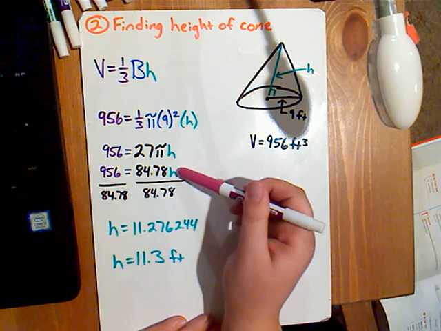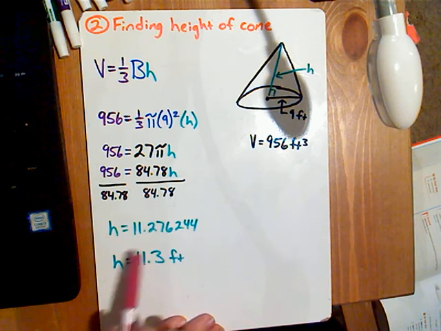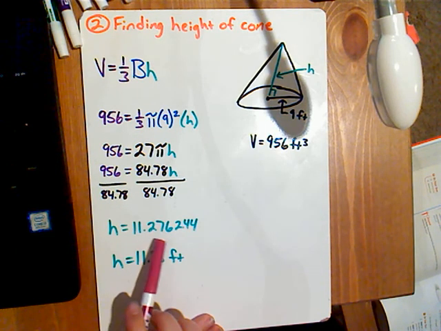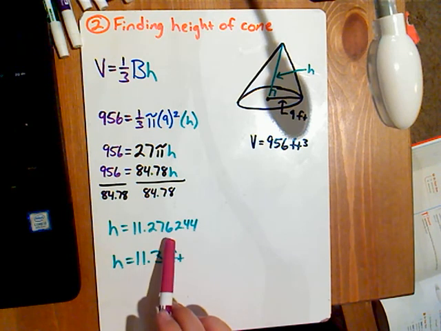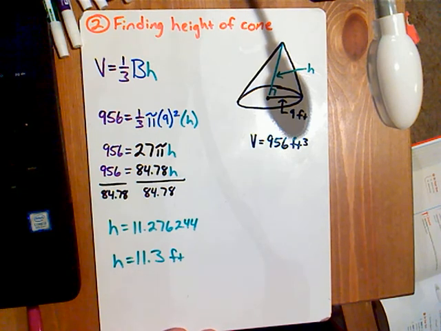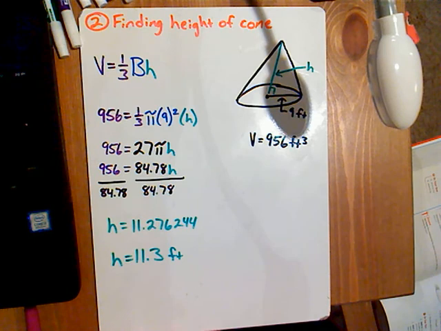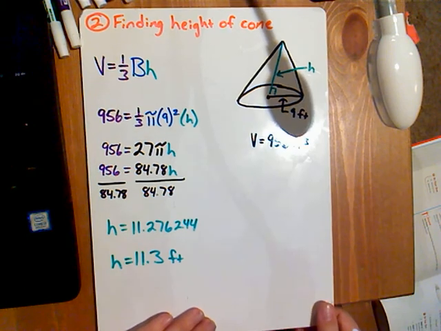We need to figure out what that h is, so we're going to divide both sides by that 84.78, which gives us 11.276244. Remember, round to the nearest tenth, so our height of this cone is 11.3 feet. So that is finding the height of a cone.